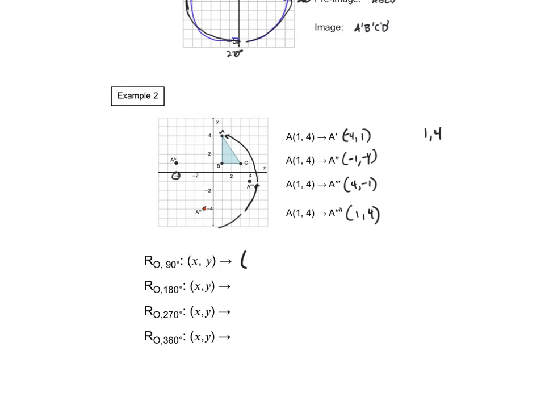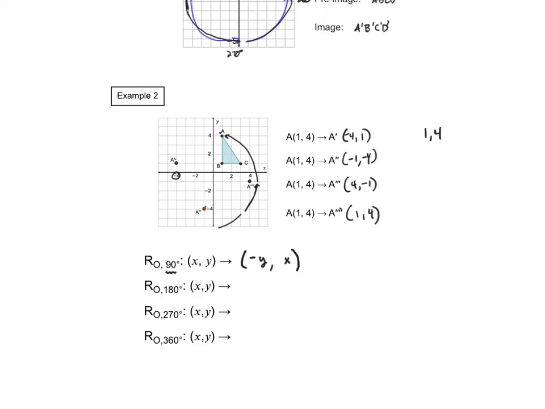It looks like my Y value and my X value changed, but my Y value also became negative. So you see, it used to be X, Y, now it's Y, X, and those two values have changed, but instead of being -4, it's now +4. And let's see, what else do we know? Okay, that would be the rule there when I go 90 degrees.